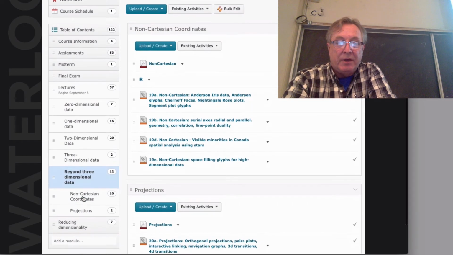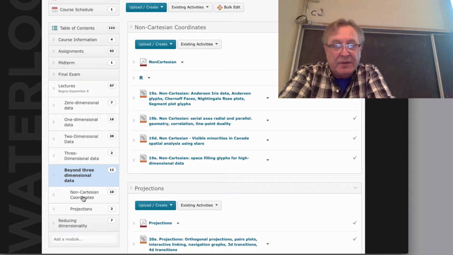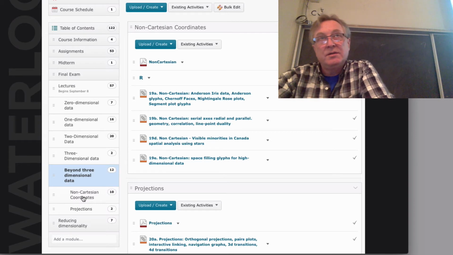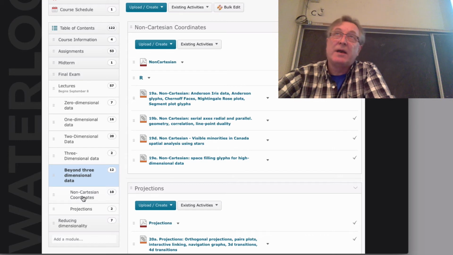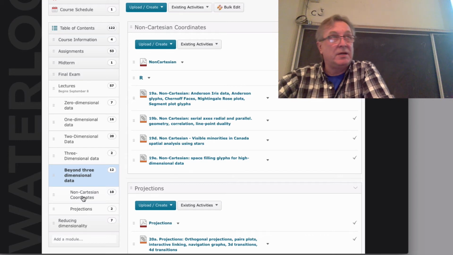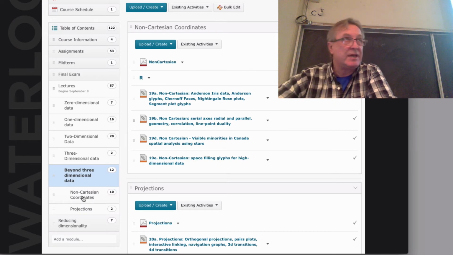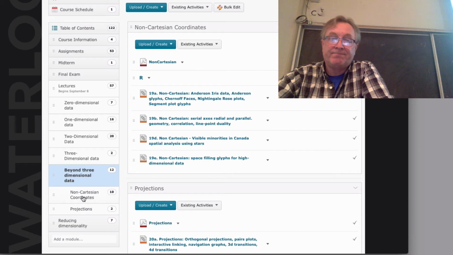So once we get beyond 3 dimensions, we start thinking about a lot of different things. Some of them are using non-Cartesian coordinates. So we're looking at serial axes, for example. Back up with looking at Nightingale plots. Those plots by Edgar Anderson, just using a glyph that's capturing the data measurements on each point.